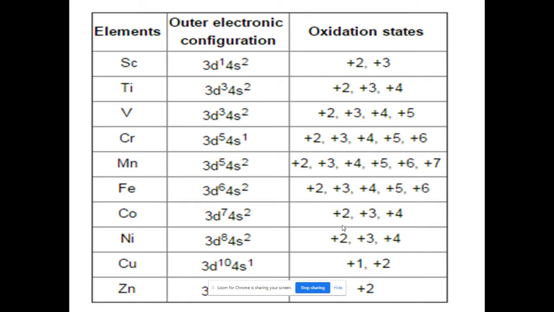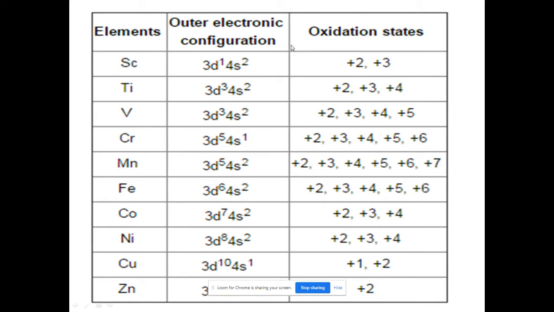Let's look into the electronic configuration of 3d series elements. Scandium. See, all the transition elements except the first and last member of each series exhibit different oxidation states.